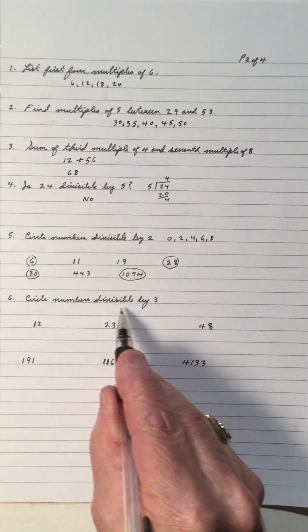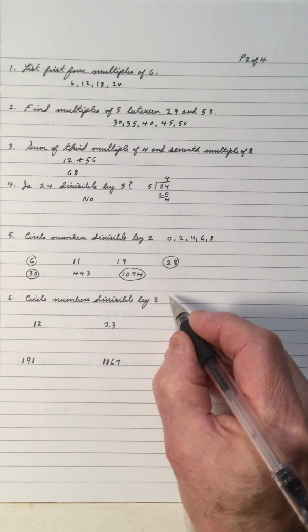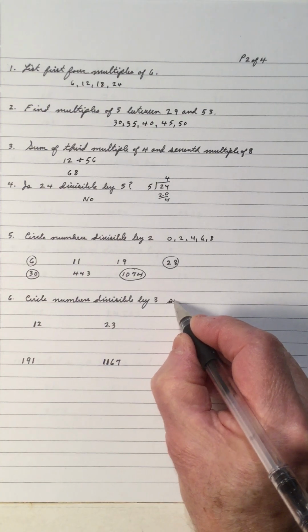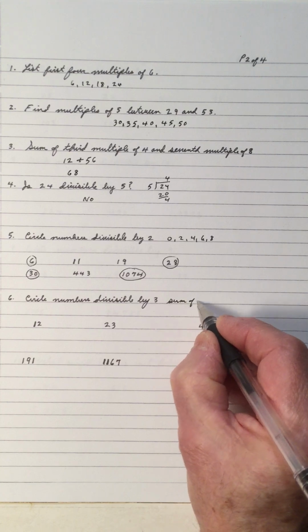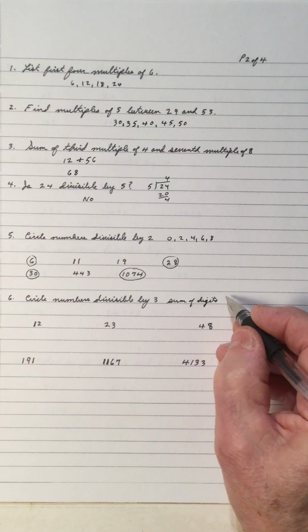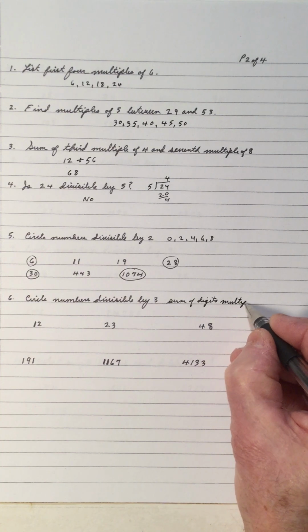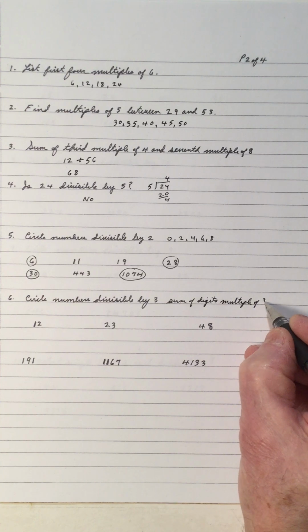What about numbers divisible by 3? We're going to circle them. Divisible by 3 means the sum of the digits is a multiple of 3.